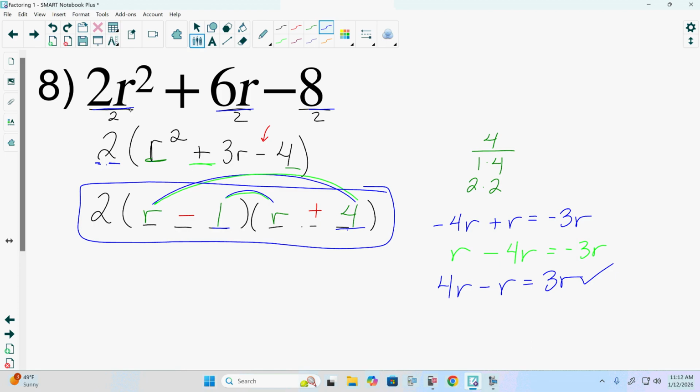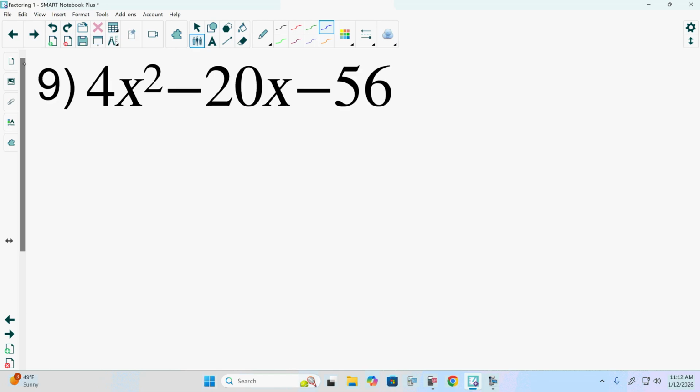So it makes it a little bit nicer. Because when I'm finding the factors of the first and third term, I'm not looking at 2r squared anymore, just r squared. So I don't have to find factors of 2. 8 gives us 1 and 4, or 1 and 8, 2 and 4, more that we're looking at. Now we're just looking at 4. It makes it a little bit simpler.